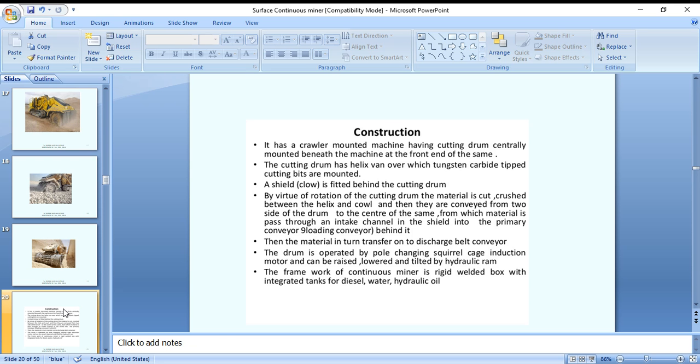Then the material is transferred onto the discharge belt conveyor. The drum is operated by a pole changing squirrel cage induction motor and can be raised, lowered, and tilted by hydraulic ram. The framework of the continuous miner is a rigid welded box with integrated tanks for diesel, water and hydraulic oils.